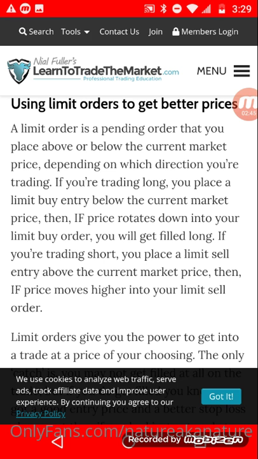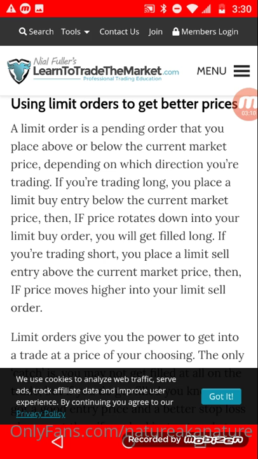You can use a limit order. A limit order is a pending order that is placed above or below the current market price. So limit orders are buy limit orders and sell limit orders. We've gone over them a little bit, but we're going to dive in a little more about limit orders, buy limit orders, and sell limit orders, so you guys can get the definitions and everything.